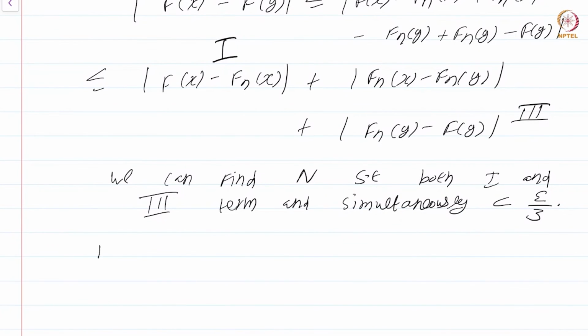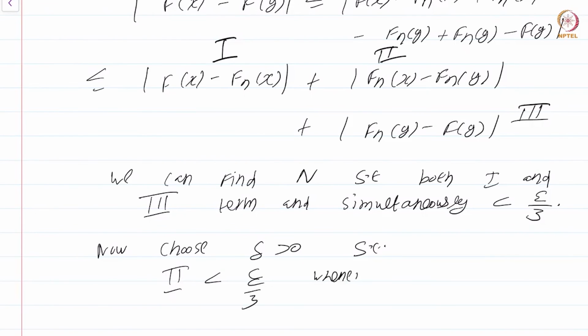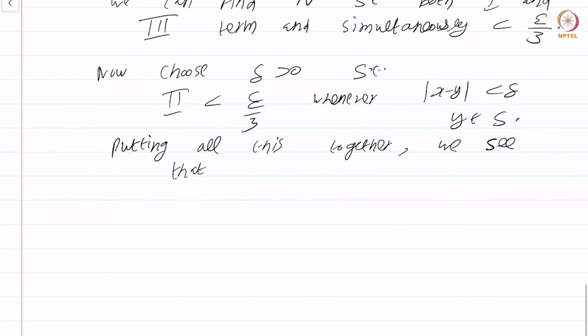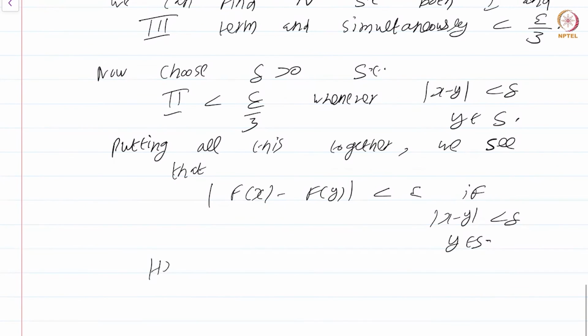Okay, now choose delta greater than 0 such that the middle term is less than epsilon by 3 whenever mod x minus y is less than delta and y is coming from S. Okay, so putting all this together, we see that modulus of f of x minus f of y is less than epsilon if mod x minus y is less than delta and y is coming from S. Hence, f is continuous.